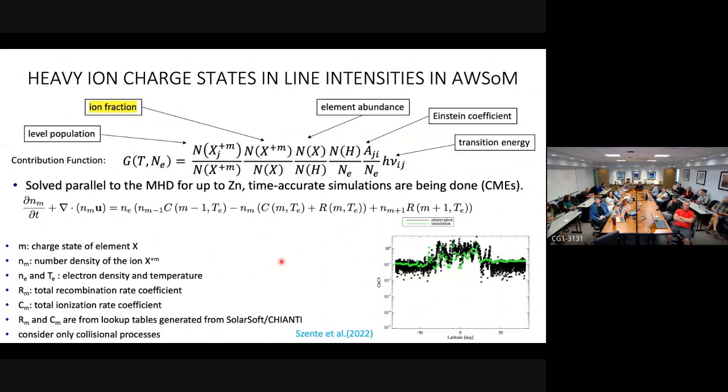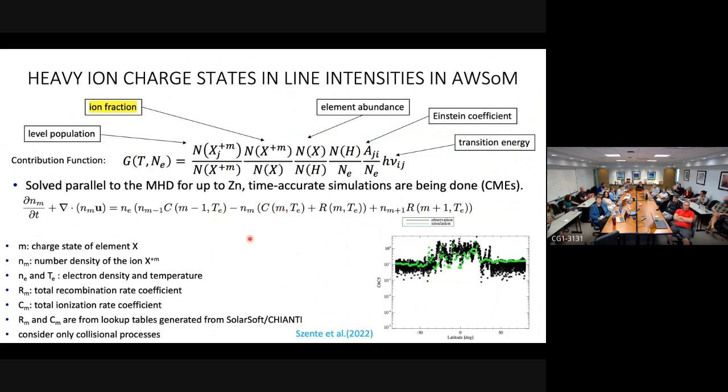What is relatively new, and I haven't seen it in relation to CoMP observations, is taking into account the ion distributions. What we do in AWSoM is that we solve the MHD, and in parallel, we solve the non-equilibrium ionization of heavy ions alongside the MHD solution.